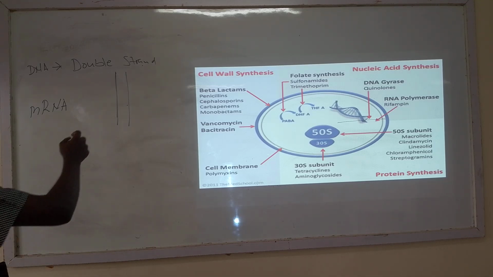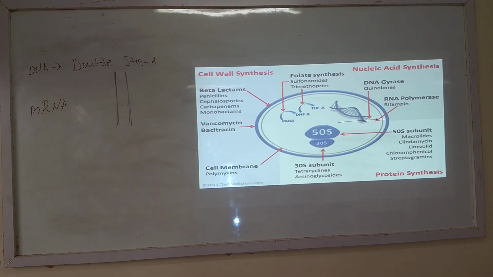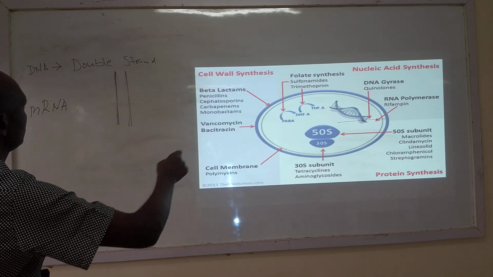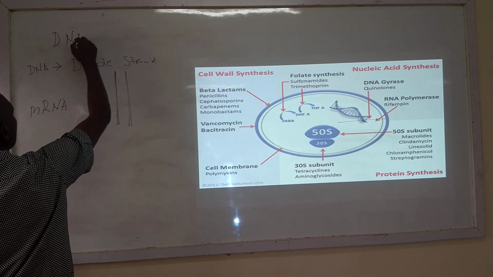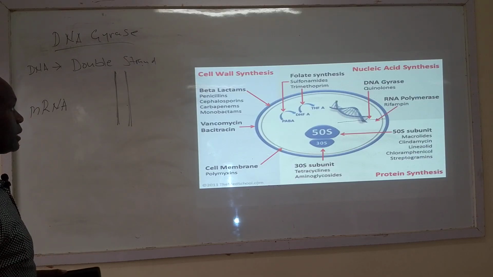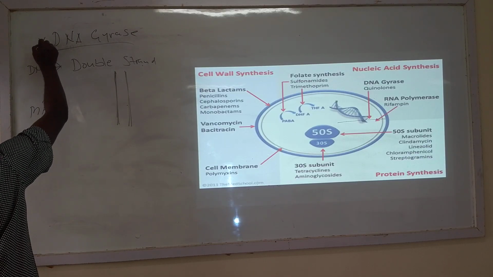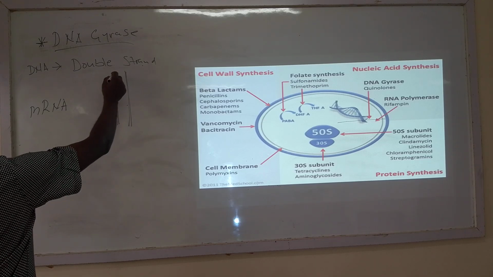So the enzyme that opens this double helix strand is what we refer to as DNA gyrase. So we have our antibiotics which block this enzyme from opening this strand.